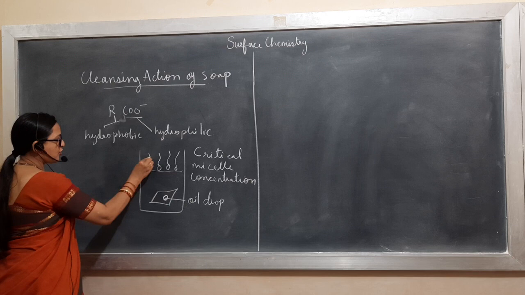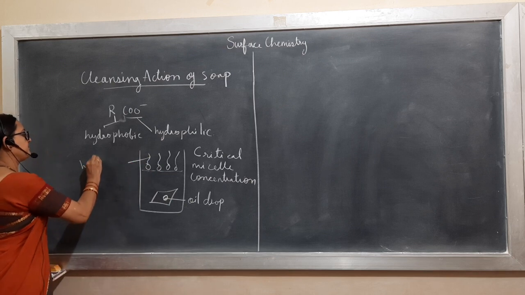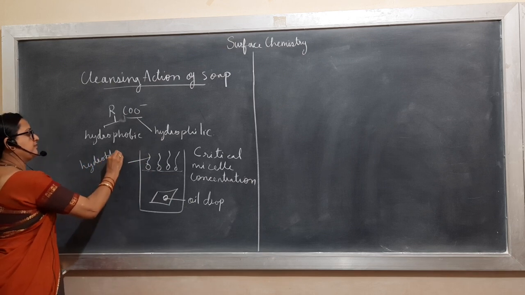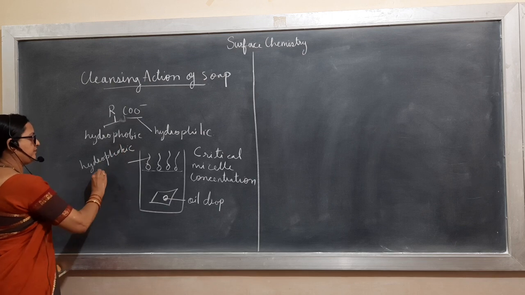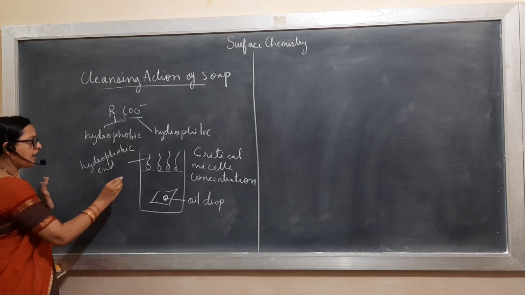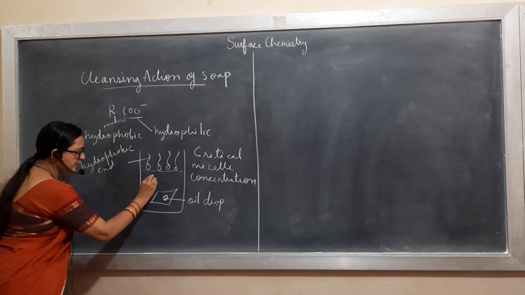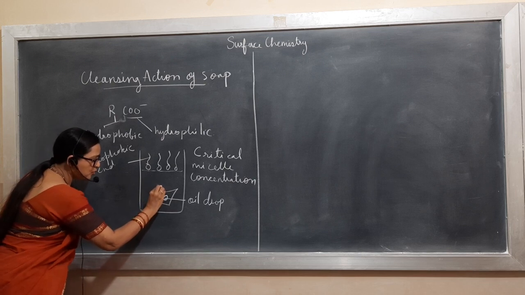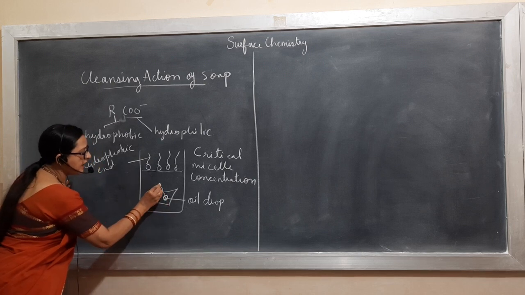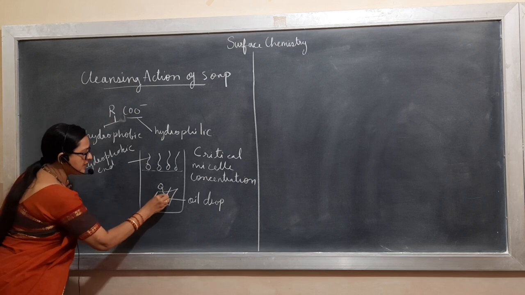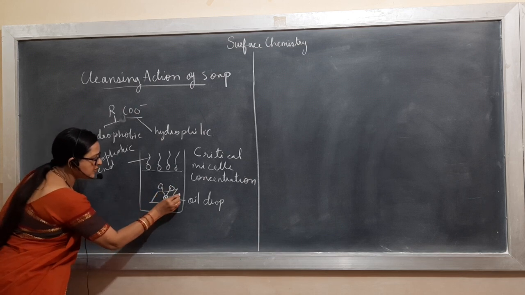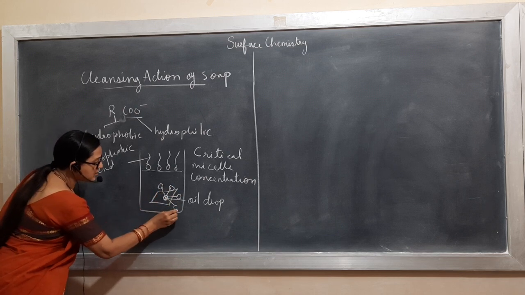So all these hydrophobic ends are pulled inside, they are attracted towards the oil droplets, and all the COO minus charge is above this oil drop. At what concentration?